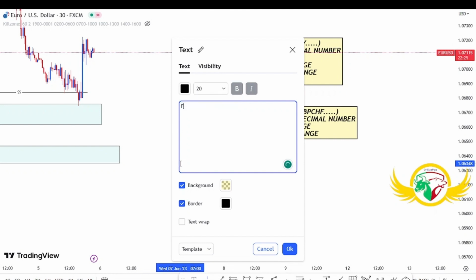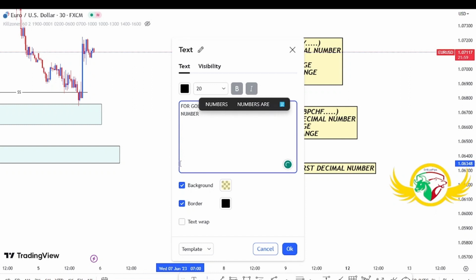For example, for gold, we calculate pips on the first decimal number, or we can say 1 unit is equal to 10 pips.